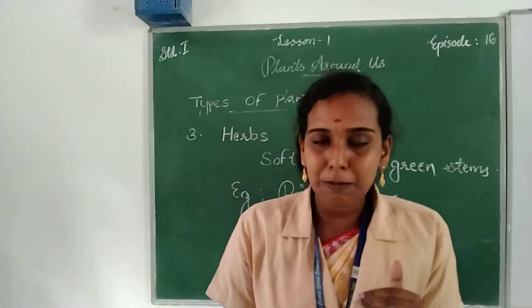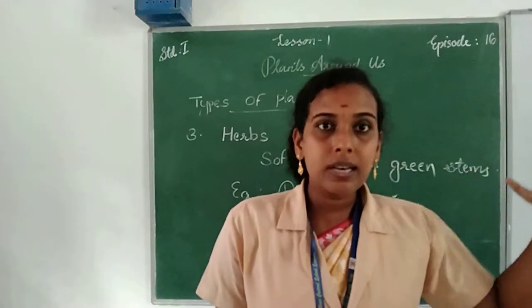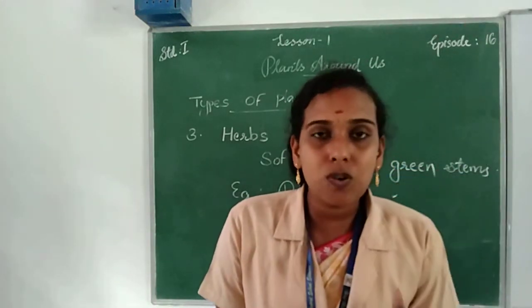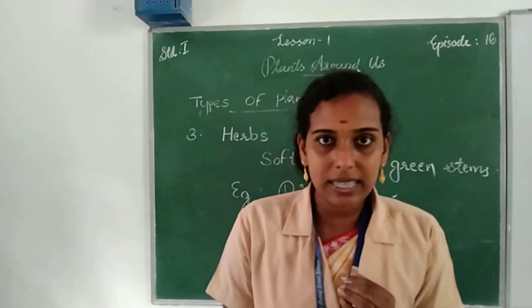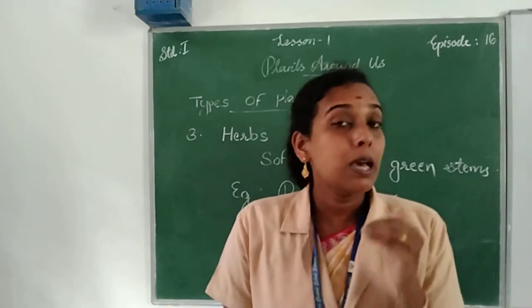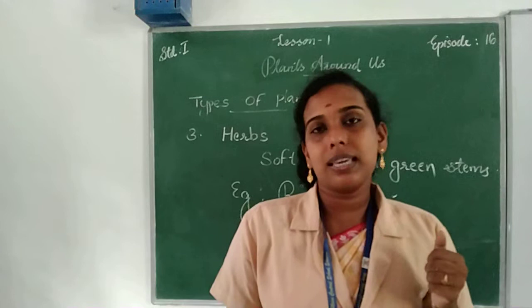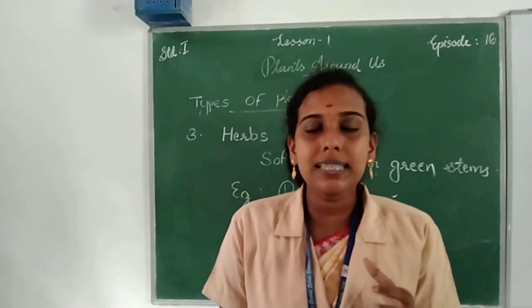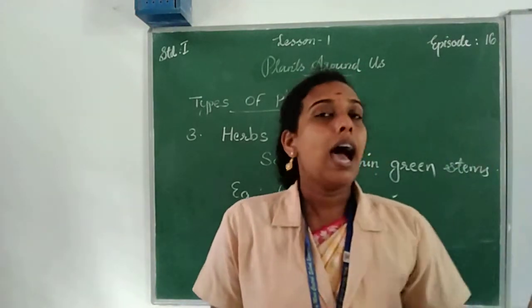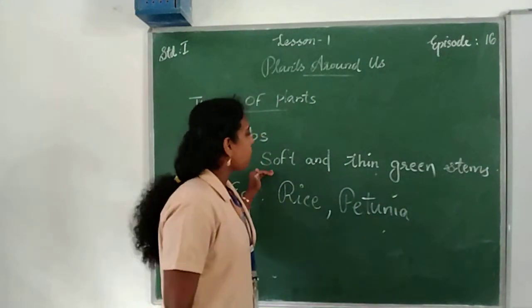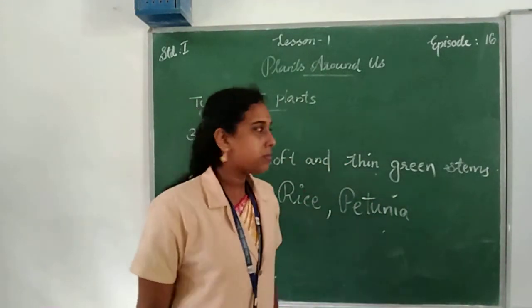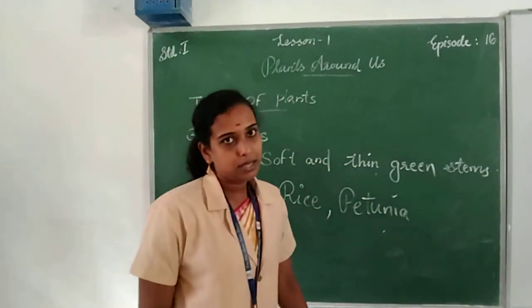Okay. So trees are very big, tall and very strong plants. Shrubs are plants that are smaller than trees and look like bushes. Plants that have soft and thin green stems are called herbs.